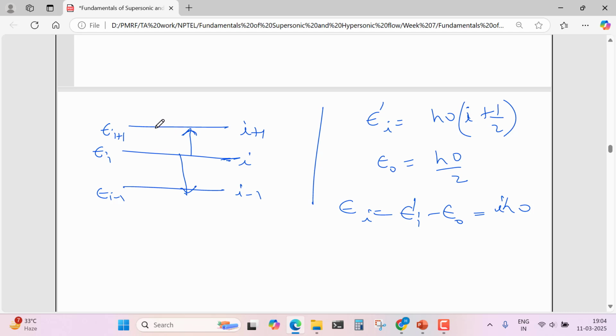And the particles can also come from I plus 1 level to I, and it can also come from level I minus 1 to I, due to which the number of particles will increase. So I to I plus 1 will decrease the particles, I minus 1 to I will increase the particles, I plus 1 to I will increase, and I to I minus 1 will decrease.